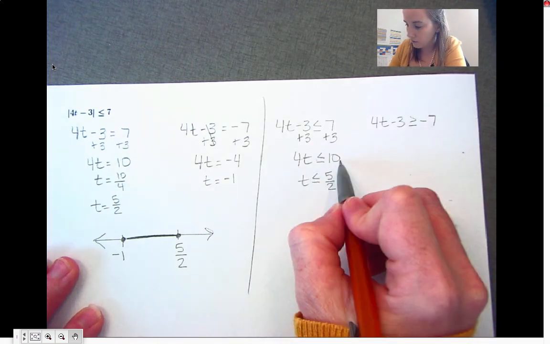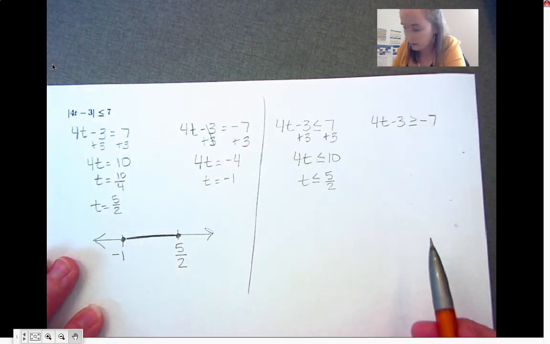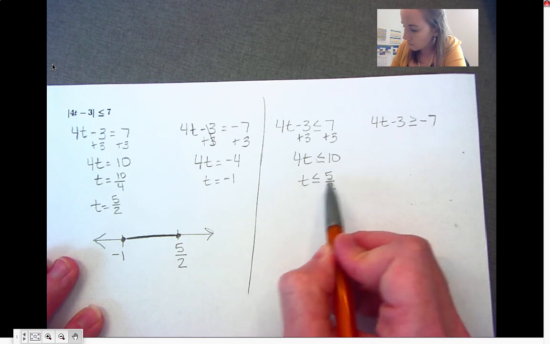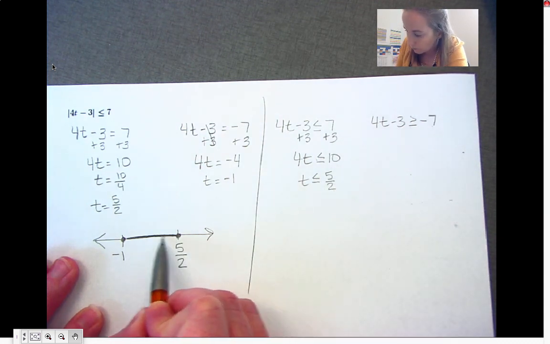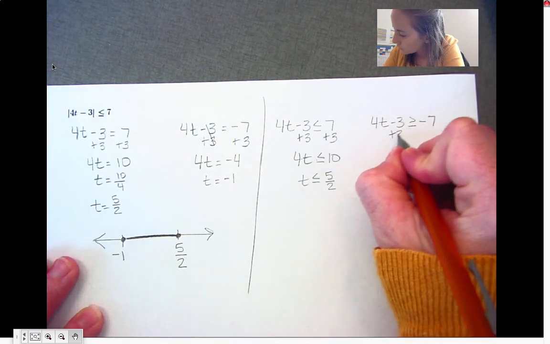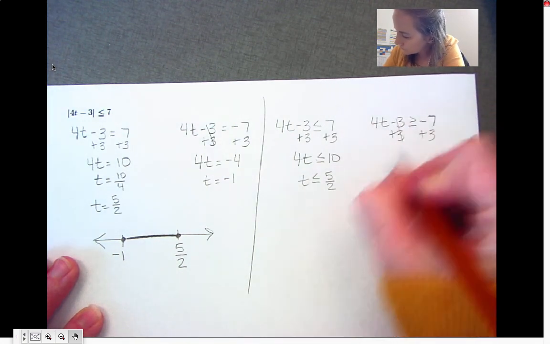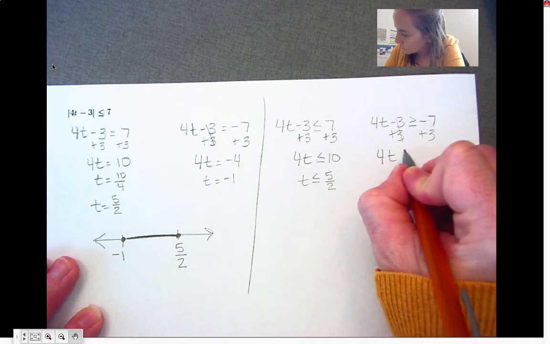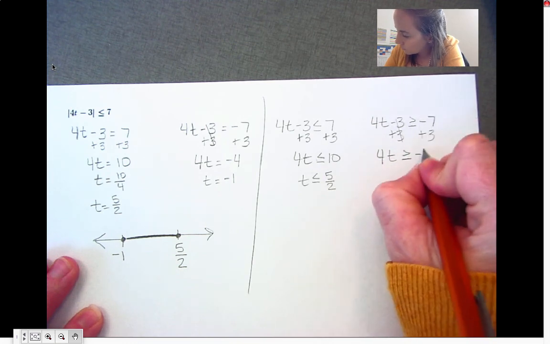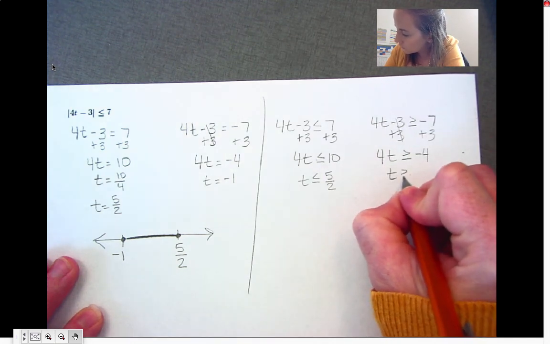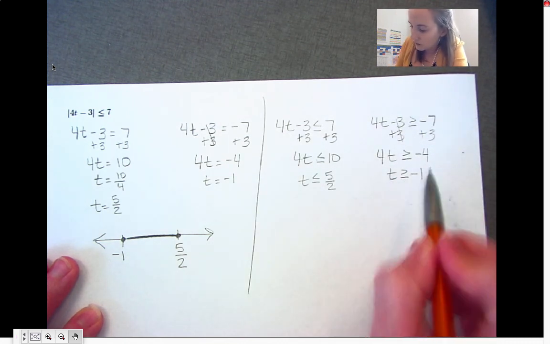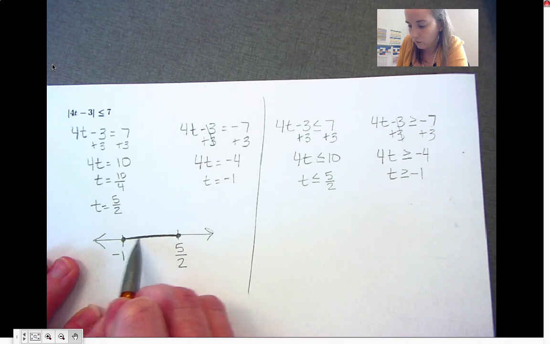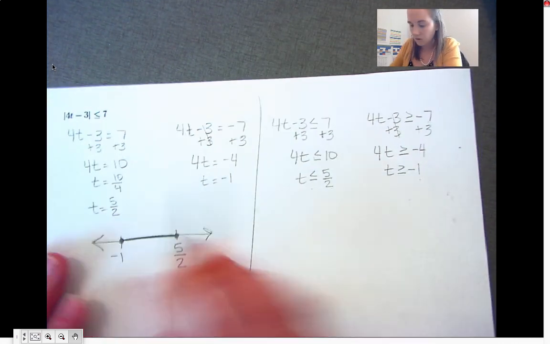Okay, that would be the 10 over 4. I've already done all that. But t is less than or equal to 5 over 2. Well, we're going less than, and we're equal to, the 5 over 2. Plus 3, 4t is greater than or equal to negative 4, and so t is greater than or equal to negative 1. So both of these ways works.